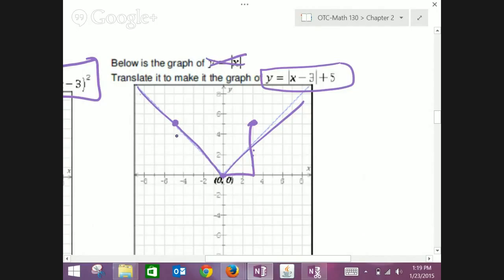If I wanted to take this point, maybe I'll take this point, go over 1, 2, 3. If I take this point, 2, 3, 1, 2, 5. And the graph of the function would look like the one.